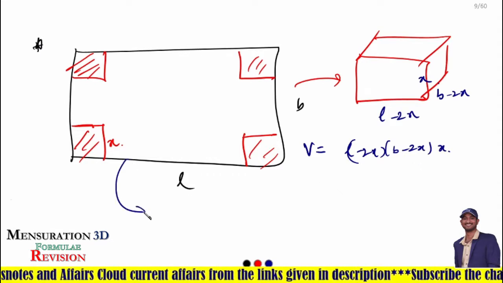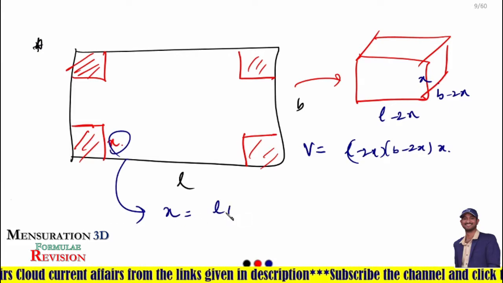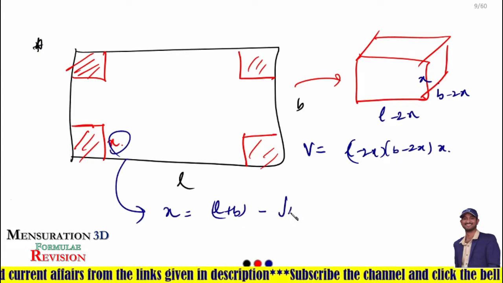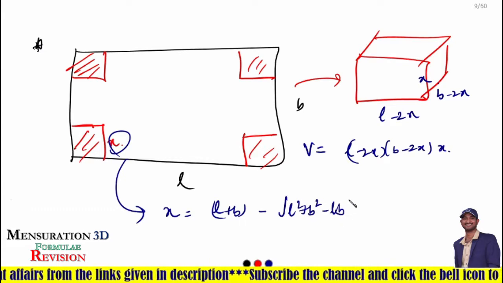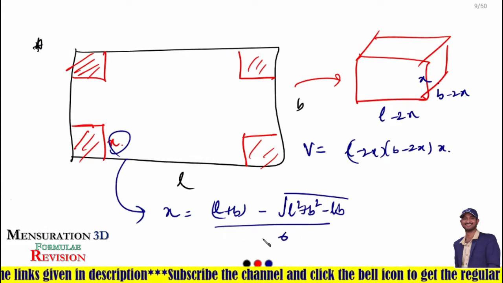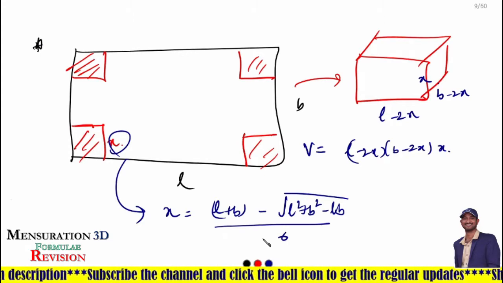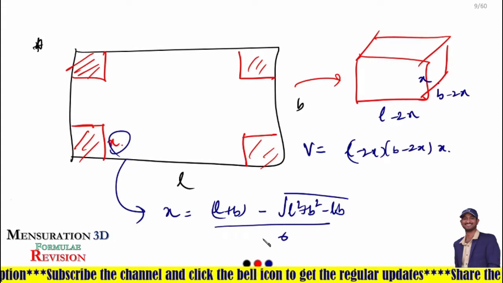If you want to get the maximum volume, then the x value is always equal to (L plus B minus square root of L square plus B square minus LB) by 6. For these values I already proved in my paid course. If anybody has doubt, please watch those videos.